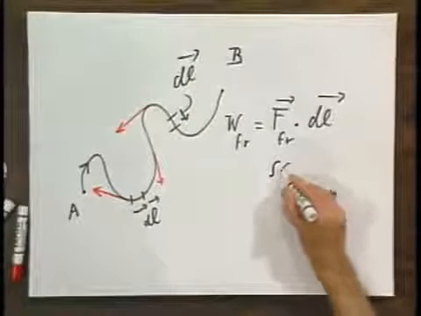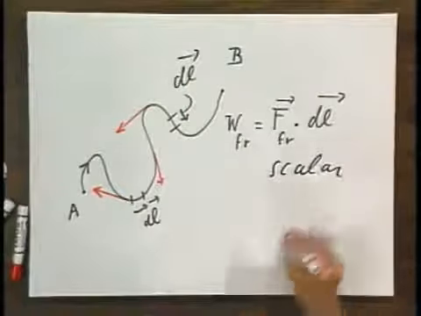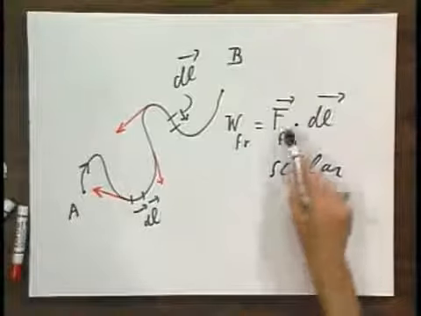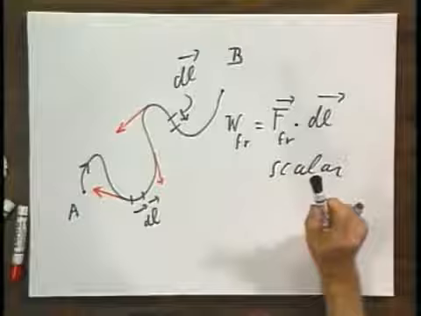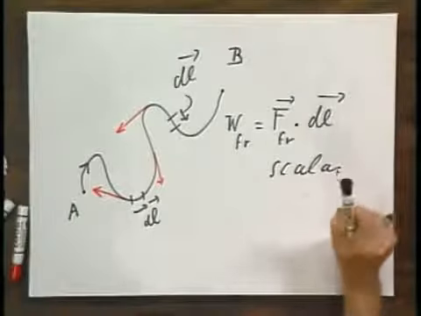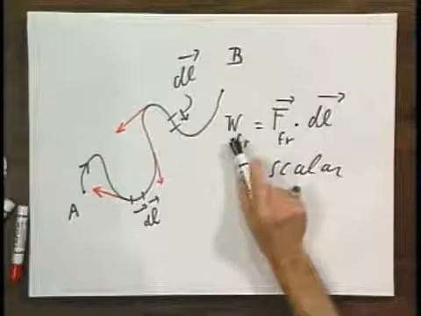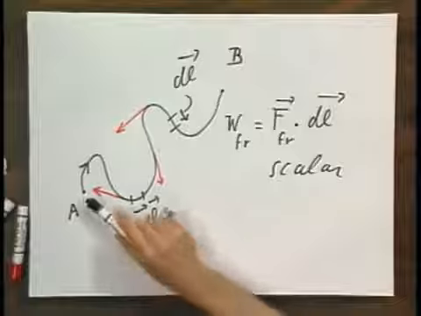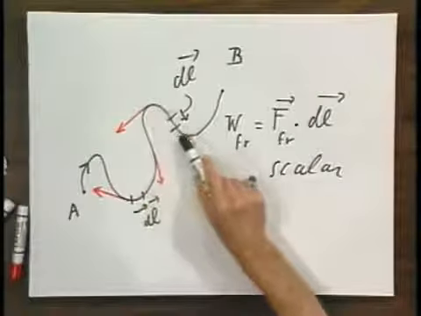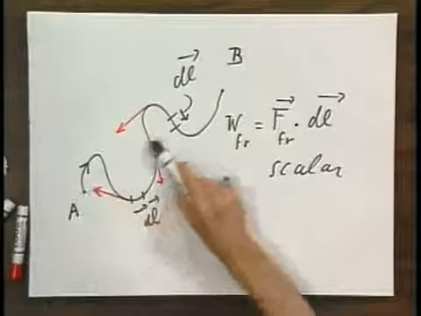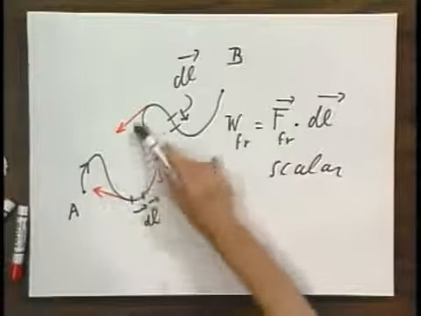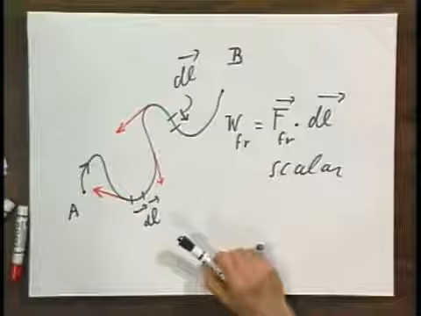Work is a scalar. Now if the frictional force is constant in magnitude, then it's immediately obvious that the work done by the frictional force depends very strongly on the path, whether I go this way or whether I would go this way.